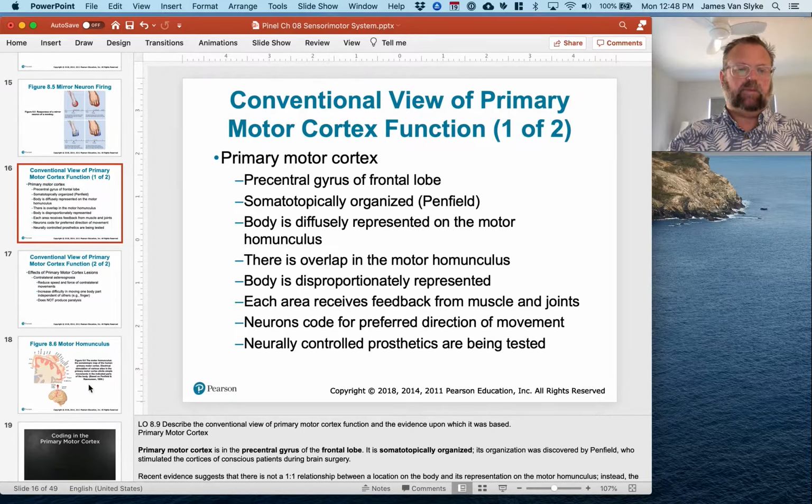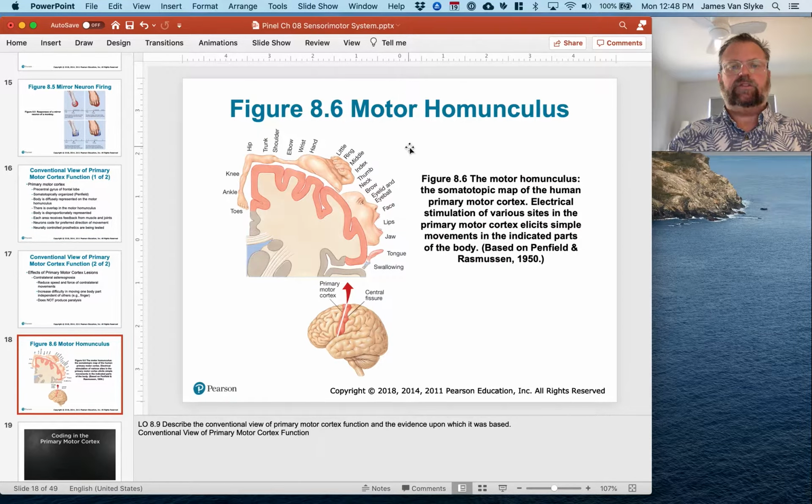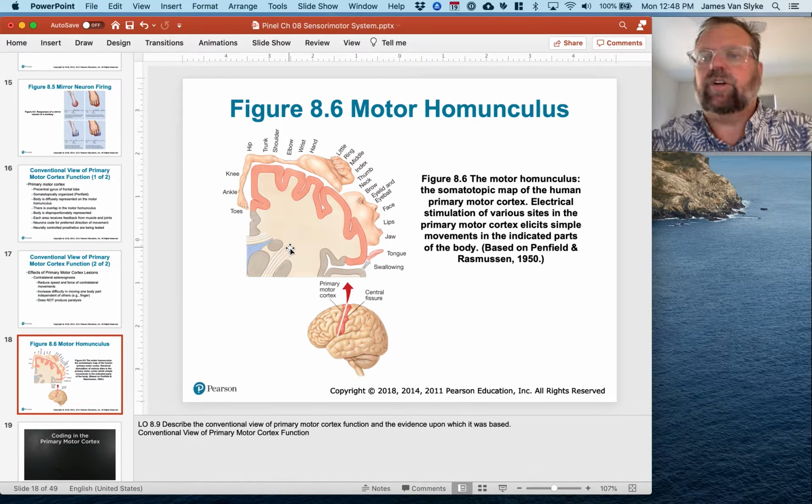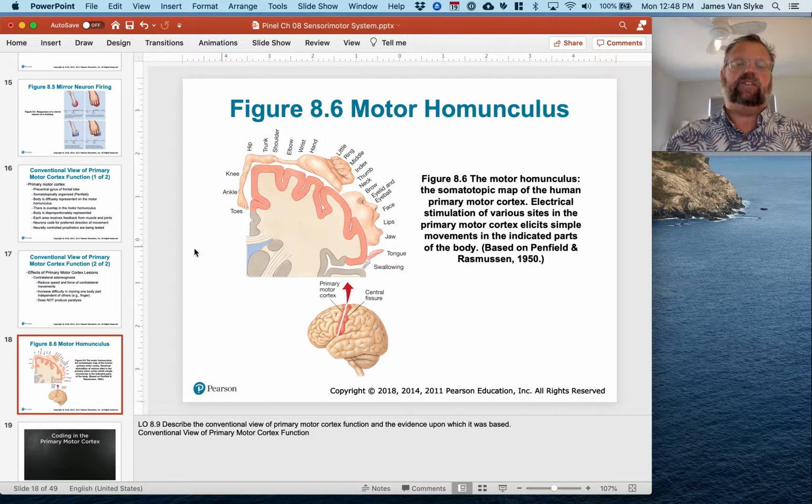So for example, here, if you notice how big the hands are, why is that the case? If you think about your hands, there are so many more fine motor things that we do with our hands that's very different than what we do with our shoulder. Our shoulder you just don't do that much with.